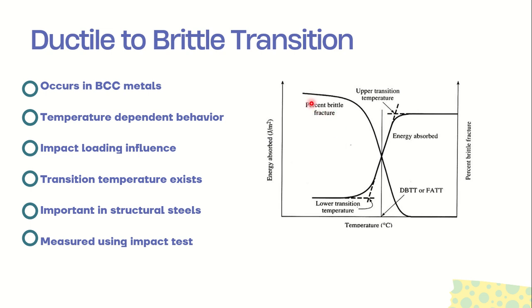Here we see the percent brittle fracture. This is called the DBT, ductile to brittle transition. Here the point is energy absorbed. Here the point is the upper transition temperature. Here the point is the lower transition temperature.